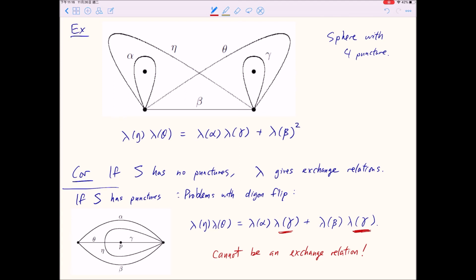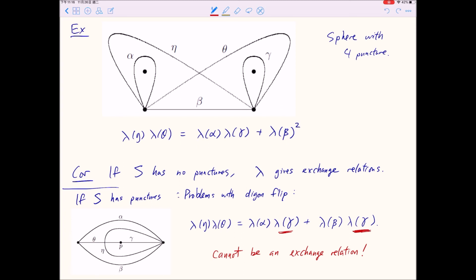So this problem arises from digon flip, and it also kind of implicitly tells you that you cannot mutate at this internal edge because of the formula. Last time we resolved this by introducing the tagged triangulation.